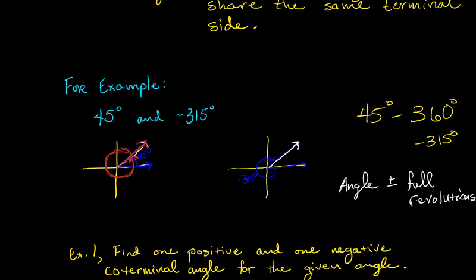The same thing would work for subtraction. If you subtract, that just means you're going the opposite direction. You could start here at negative 315 and subtract again, and you would be going in that direction. So adding or subtracting full revolutions is how you find more angles that end in the same spot. Hopefully that makes sense.